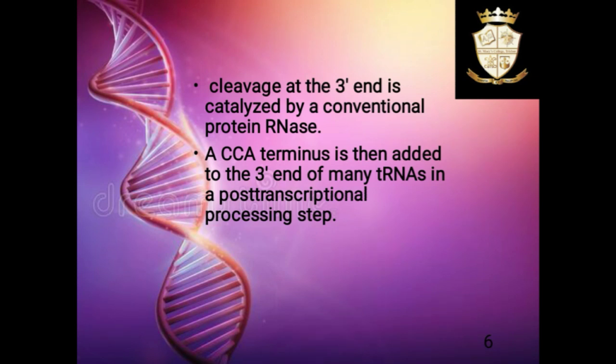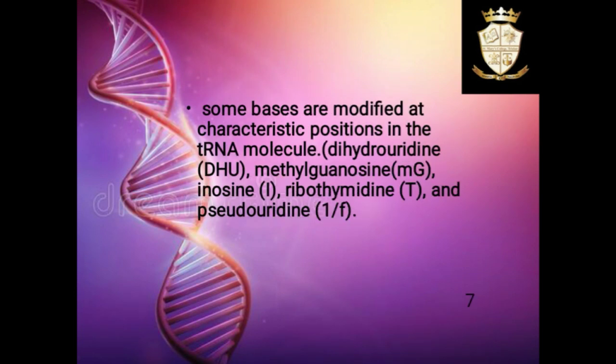The cleavage at the 3' end is catalyzed by conventional protein RNases, and the CCA terminus is added on the 3' end; this is a post-transcriptional processing step. Some bases are modified at specific positions in the tRNA molecule.